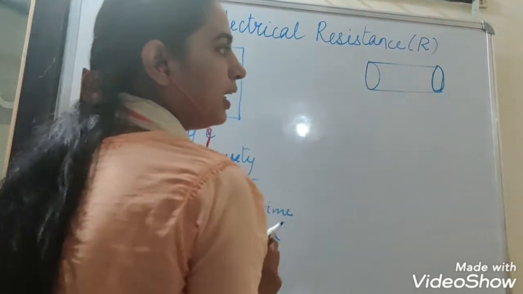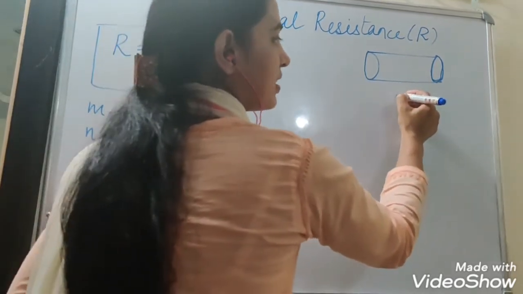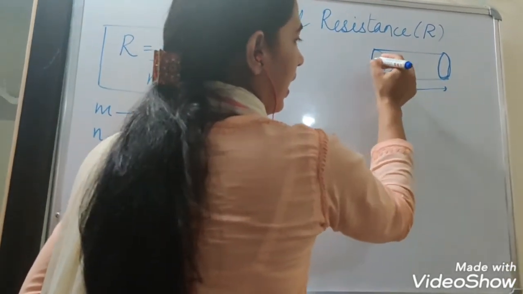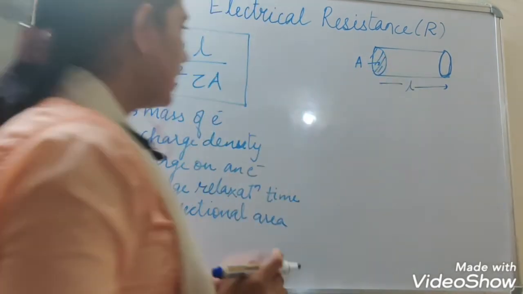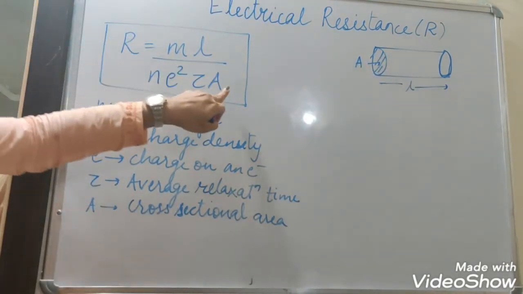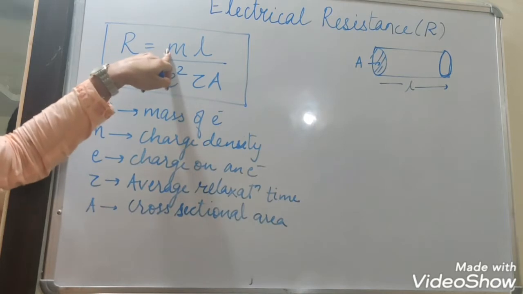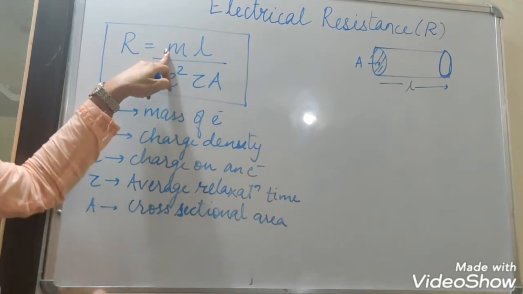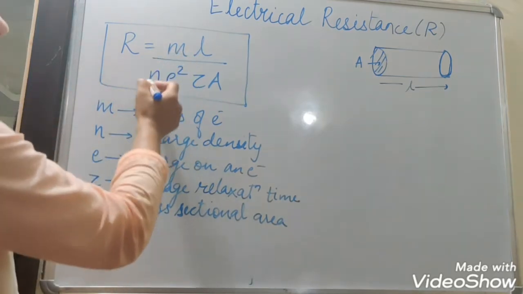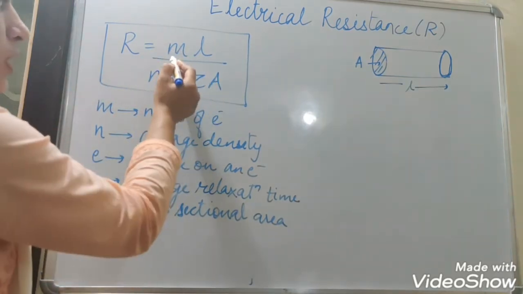So if you take any material with a fixed length and fixed cross-sectional area, then see, length and area are fixed for a particular temperature. At a particular temperature and pressure remaining constant, all these terms will remain constant.